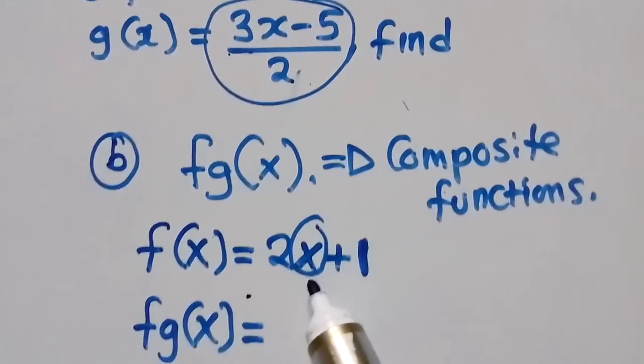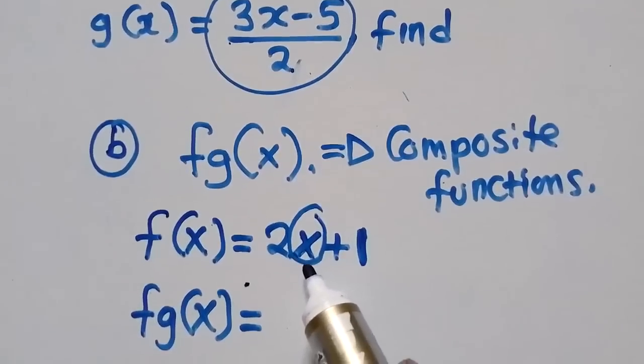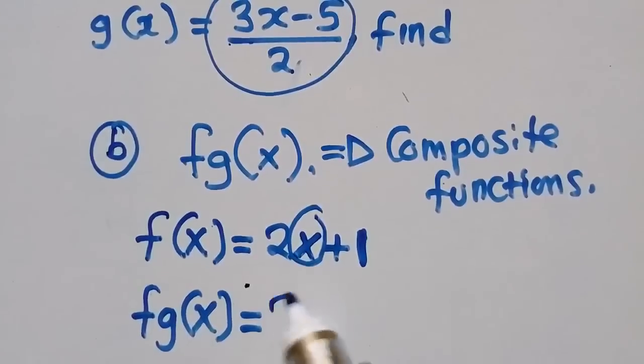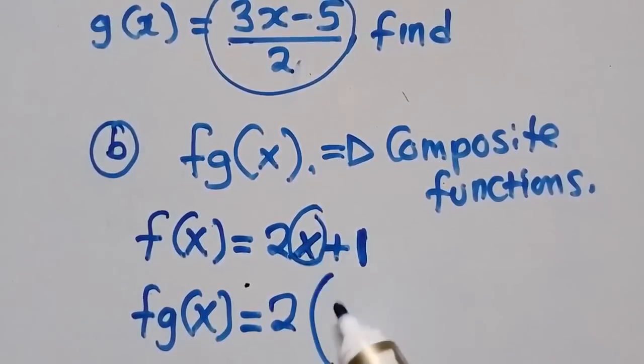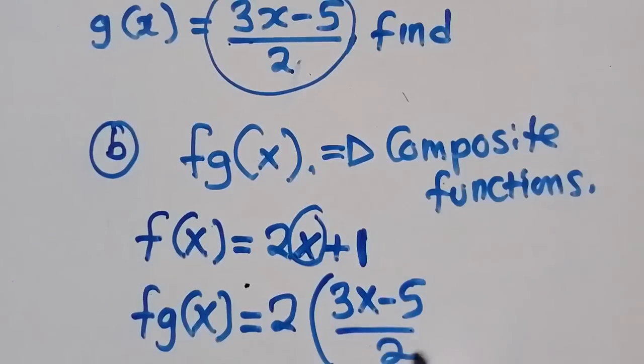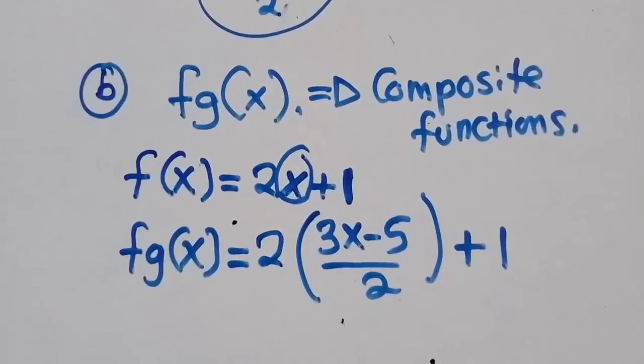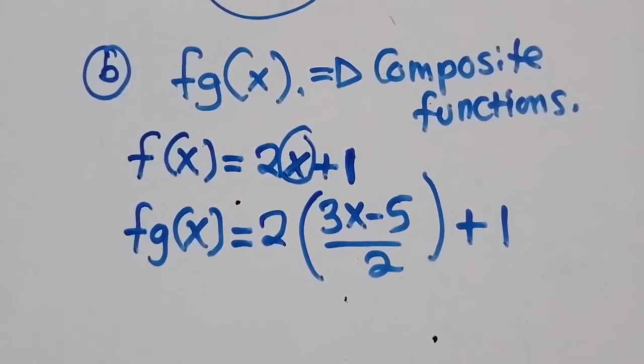I'm going to put it just where there is x alone, and everything else maintains. So I put 3x minus 5 over 2, then I say plus 1, the plus 1 which is there. These are procedures that you need to get.